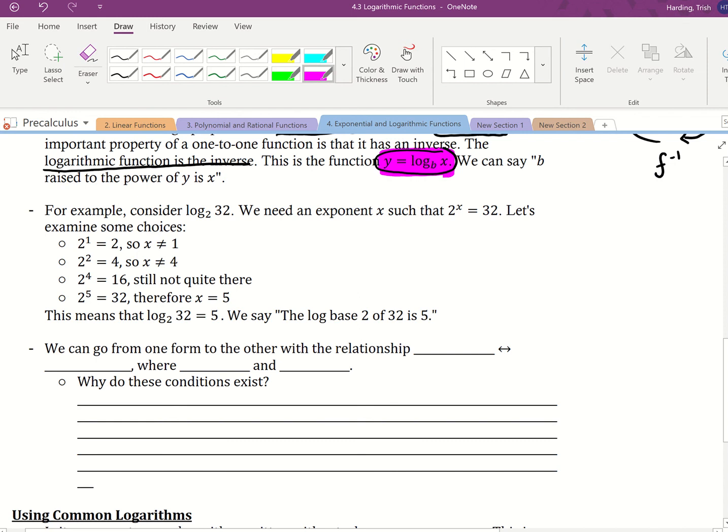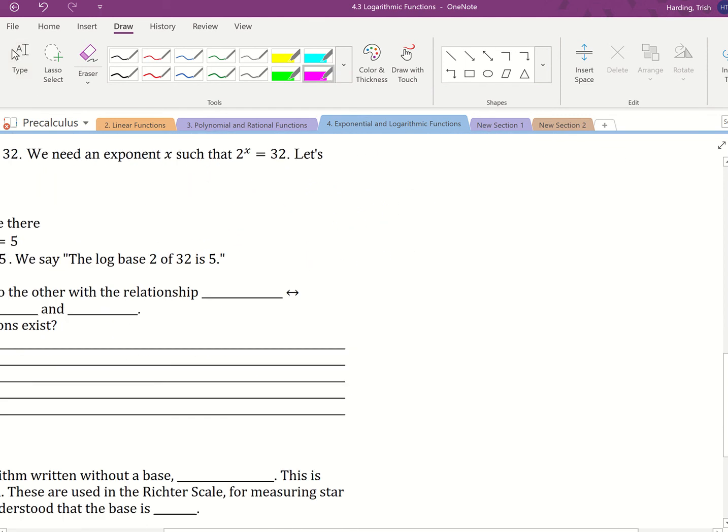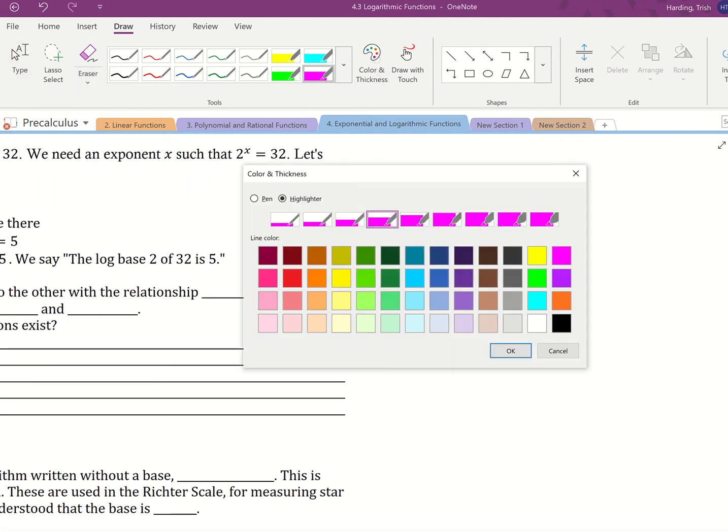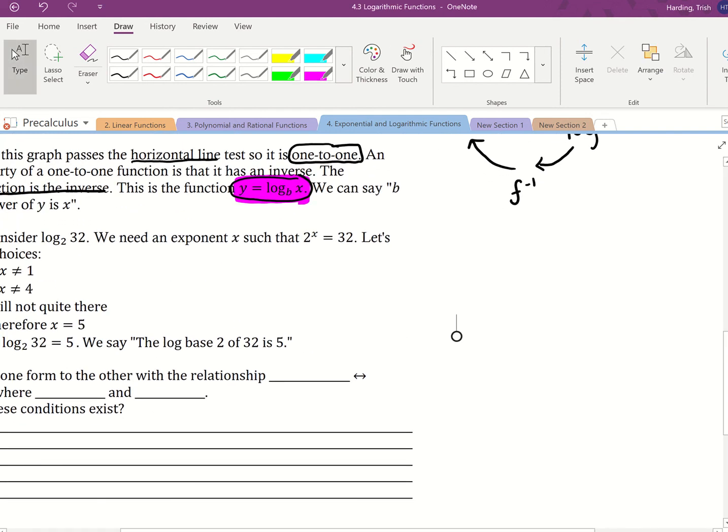This is our logarithmic function: y equals log base b of x. One way we can say this is b raised to the power of y is x. Again, it's so hard to switch between these two mid-video.